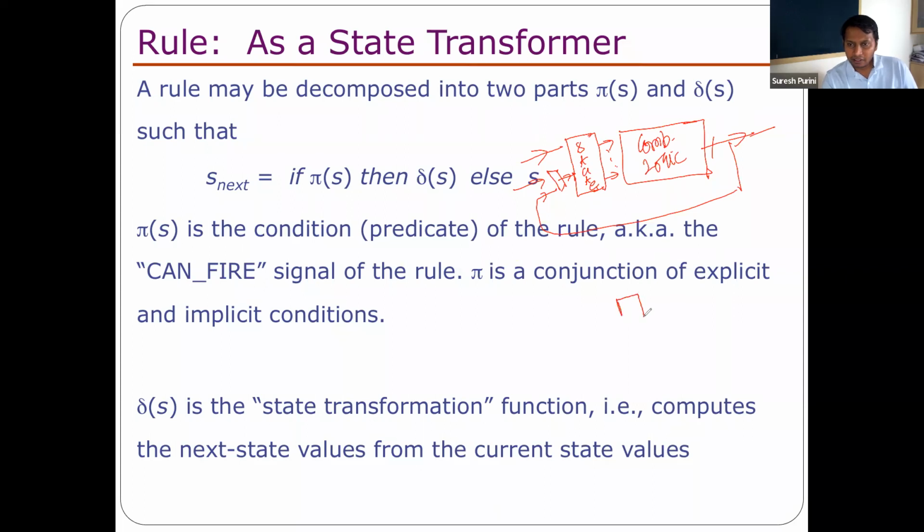And your system keeps progressing like this. The state of the system keeps getting updated in every clock cycle. So this is what it says: the next state is a function of the current state.